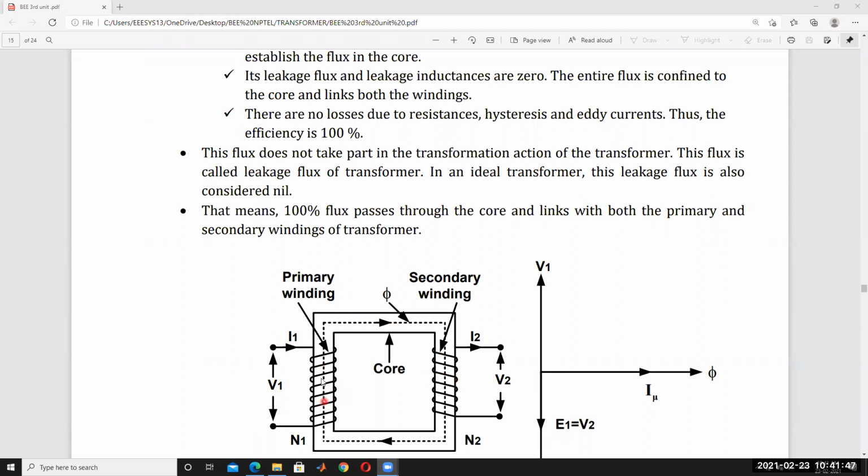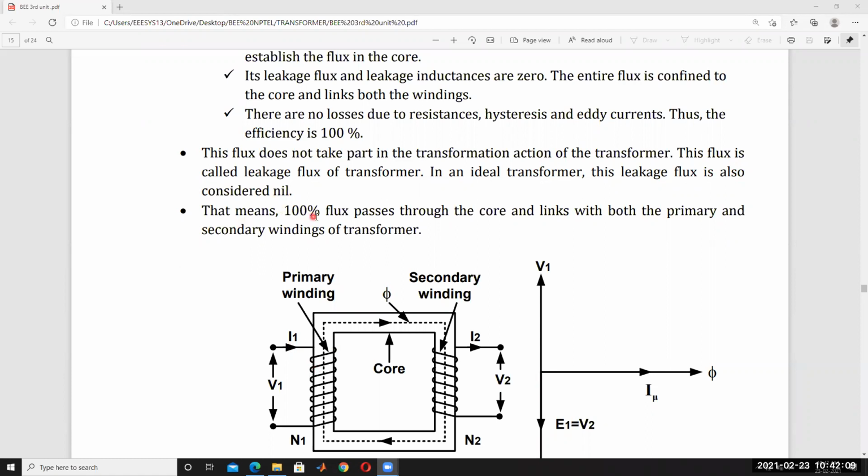Ideally, the complete flux links to the secondary side. The flux that does not take part in the transformation action is the leakage flux of the transformer. In an ideal transformer, leakage flux is considered nil.